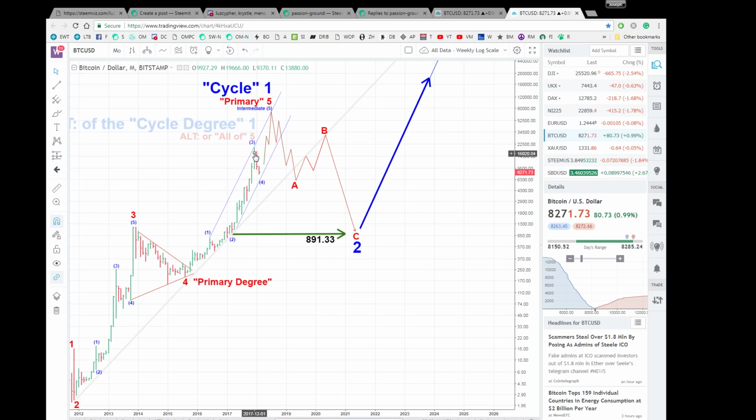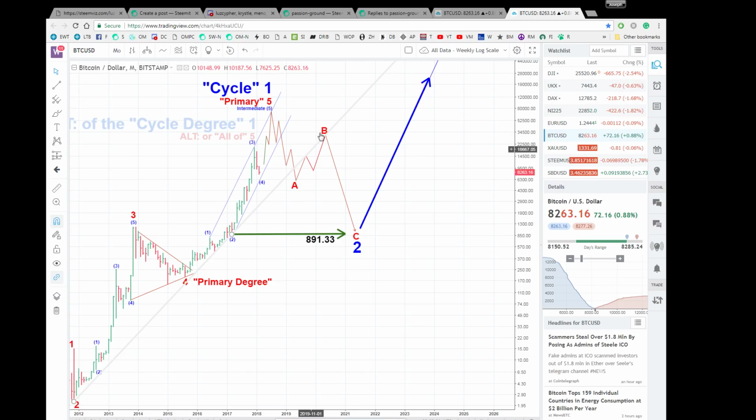It could be all said and done right there. Instead of another move to 66,000, this move toward 20,000 could be all of the fifth wave, and it could be all of the cycle degree wave. That could be it right there, in which case that's going to be bearish, perhaps up into the 2021 period.